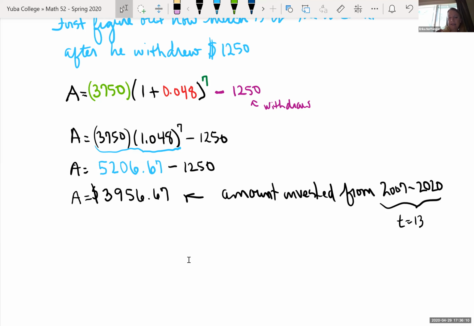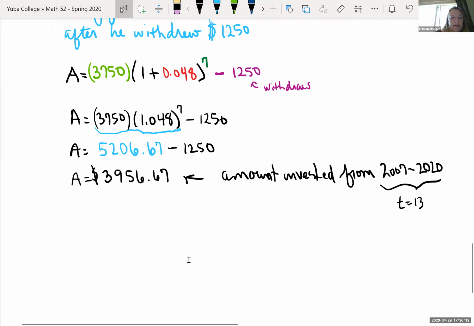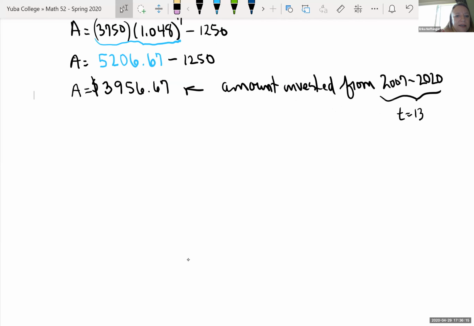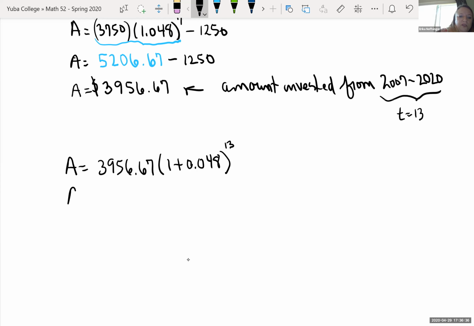So let's plug this in. So we have our amount is equal to $3,956.67 times 1 plus 0.048, and this is all raised to the 13th power. So it's 3,956.67 times 1.048 raised to the 13th.